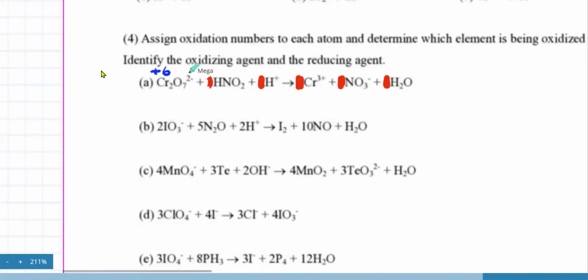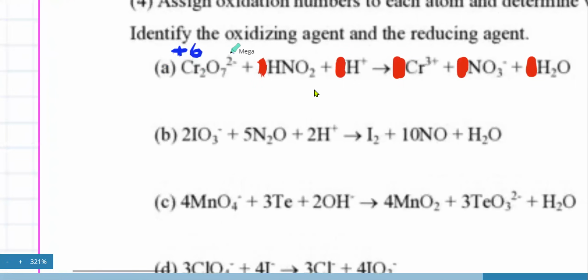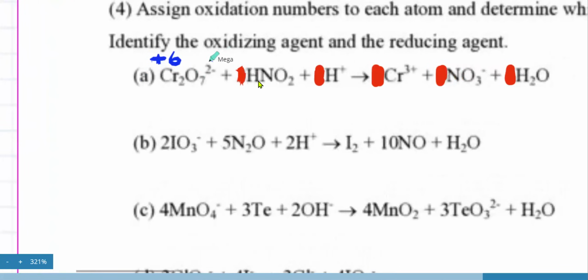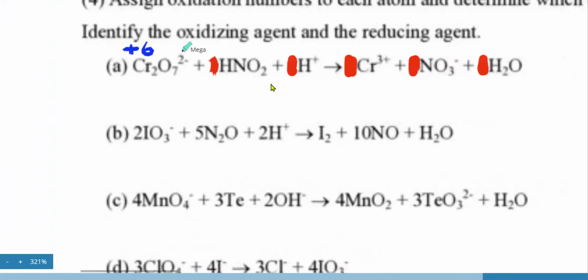What is N over here? Like H is plus 1, O is minus 2. What is N?